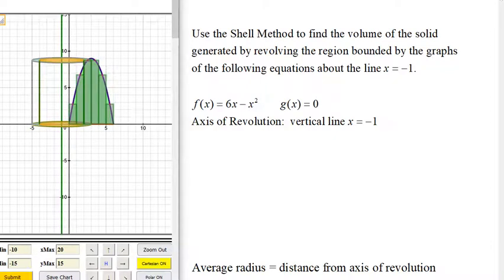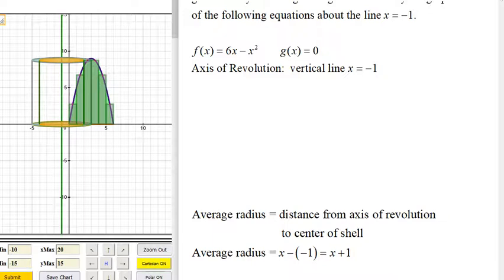So as mentioned earlier, we would find the volume of each shell and then add them all together, and that will give us the volume of the solid of revolution. So first, to figure out what the volume of each shell is, we need to figure out the average radius and also the height of each shell.